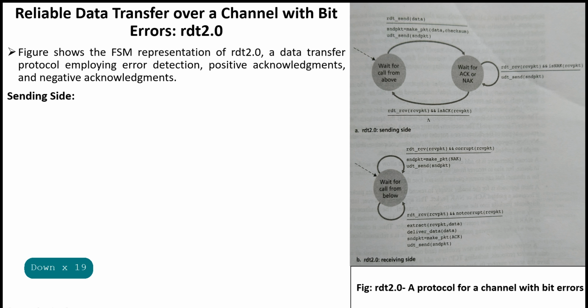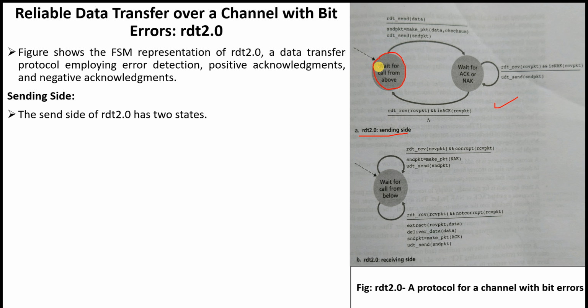Sending side. This is the sending side diagram. The send side of RDT 2.0 has two states. See here in this figure, this is one state and this is another state.